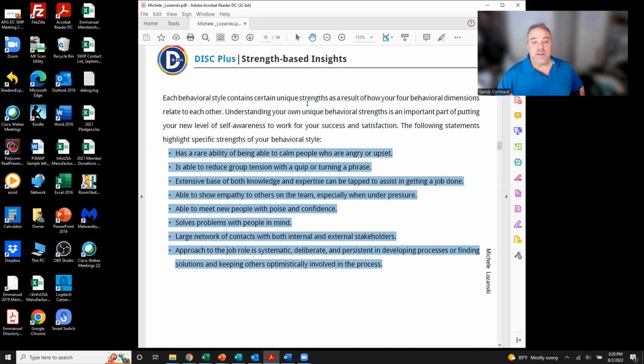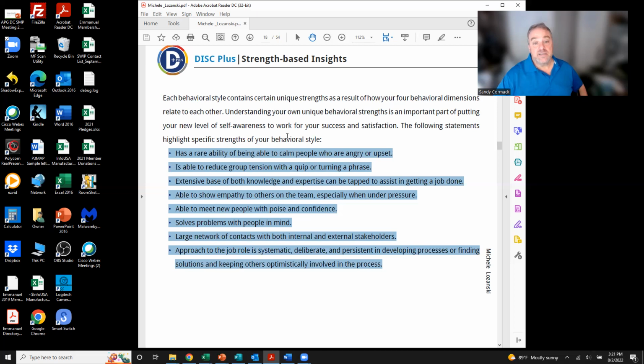Has a rare ability of being able to calm people who are angry or upset. Is able to reduce group tension with a quip or turning a phrase. Able to meet new people with poise and confidence. Solves problems with people in mind. Has a large network of contacts with both internal and external stakeholders. Approach to the job is systematic, deliberate, and persistent in developing processes or finding solutions and keeping others optimistically involved in the process.